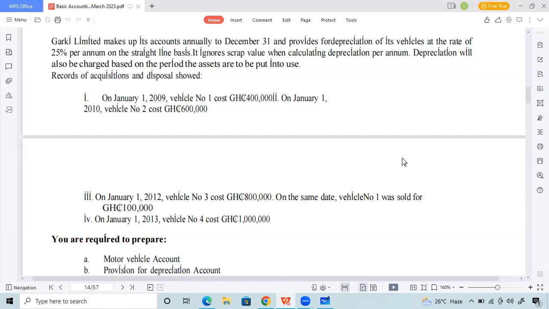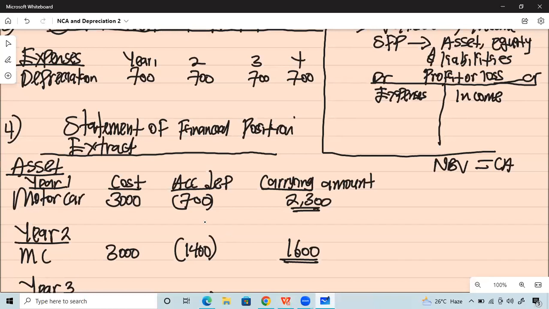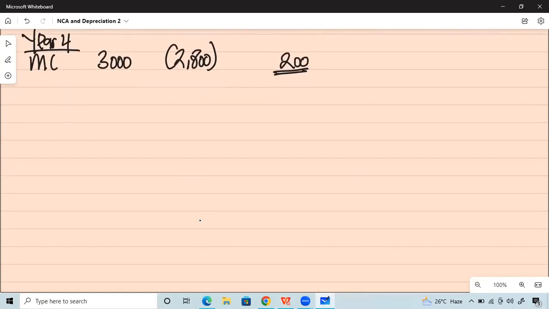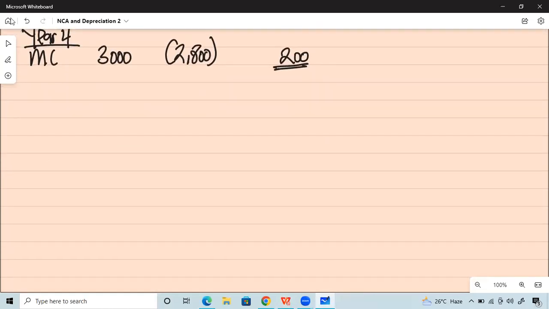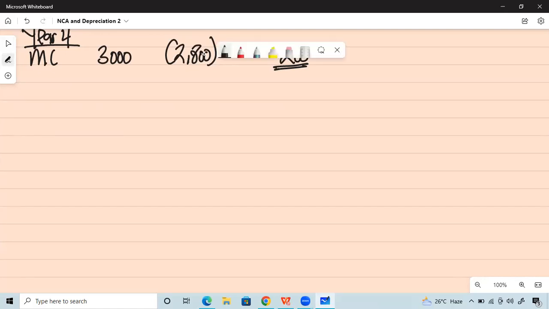On the same date, vehicle number 1 was sold for 100K. On January 1, 2013, vehicle number 4 was also purchased at the cost of 1 million. So based on this information now, let's open the asset account. That is the first requirement.